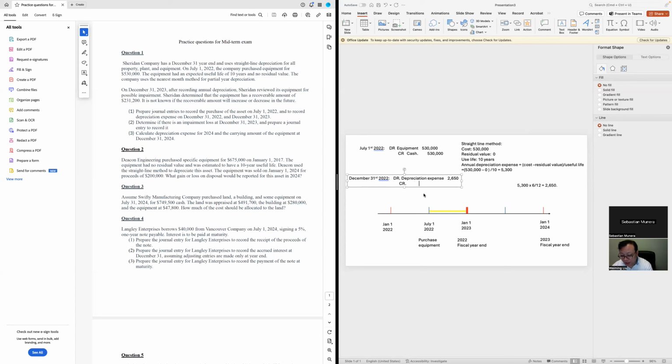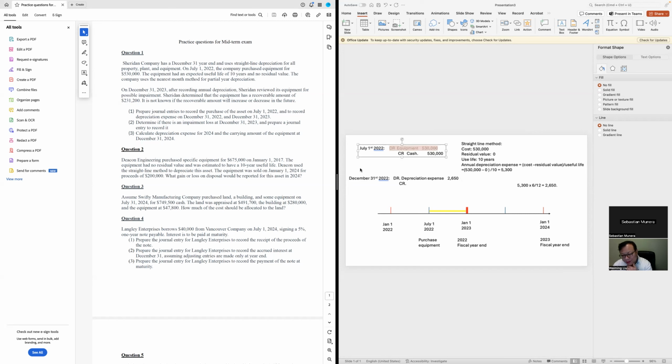Which account should I credit? So I debit depreciation expenses. What should I credit? Equipment. The equipment cost is always this number, right?